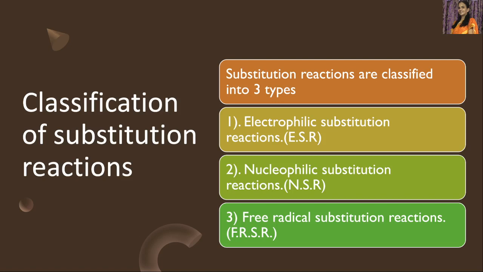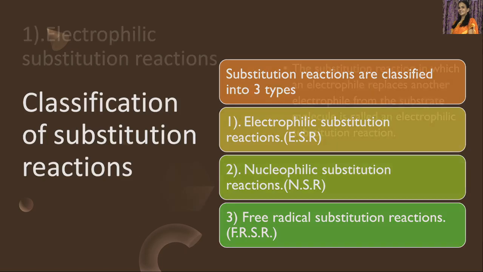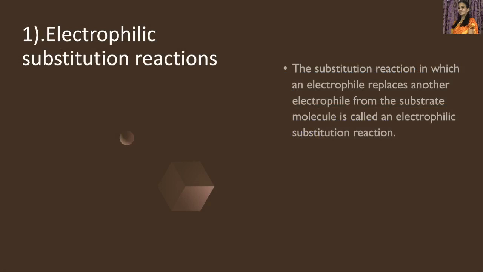Now let's discuss these three types of substitution reactions in detail, one by one. First of all, let's discuss electrophilic substitution reactions. The substitution reaction in which an electrophile replaces another electrophile from the substrate molecule is called an electrophilic substitution reaction.